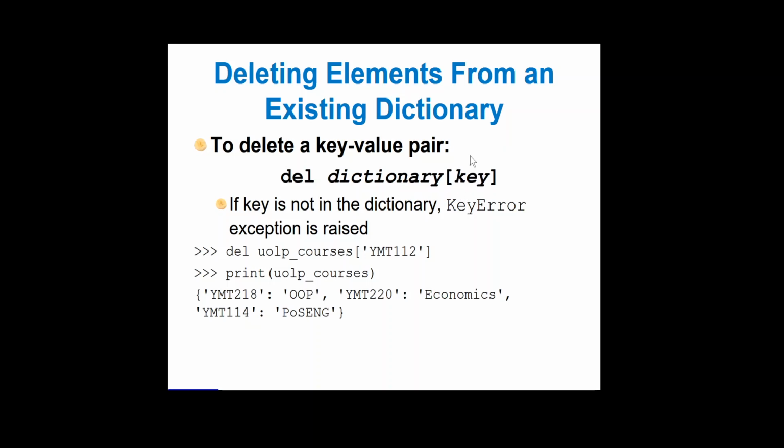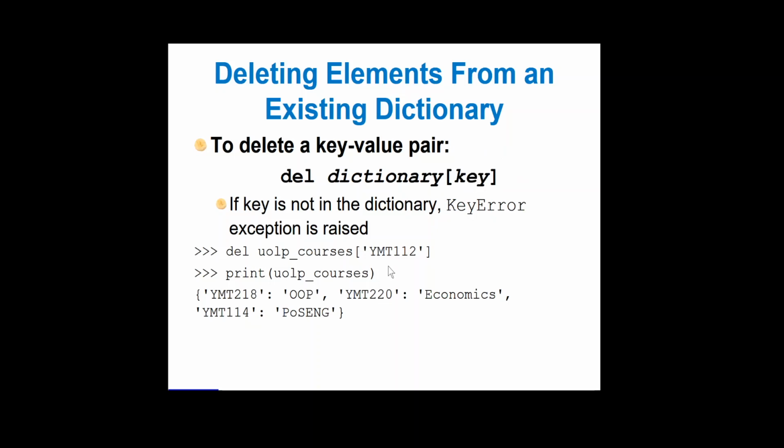If you are providing a key that is not available as an element, not exactly a key value pair in your dictionary, then what will happen is a key error again. So it's good practice to use the in operator: try to see if it is available in your dictionary before you delete it. If it's not available, there's nothing you will be able to delete anyway.